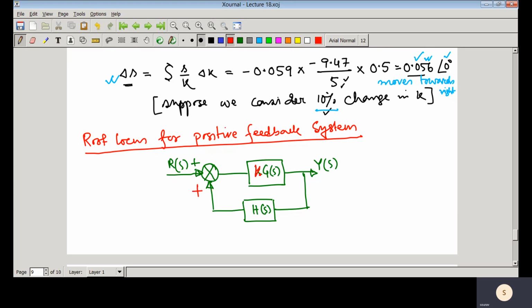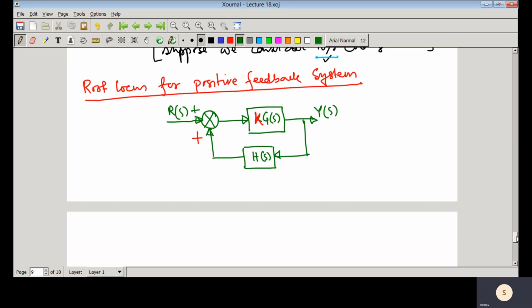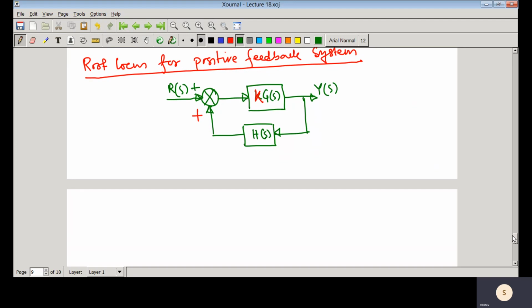And here you have the parameter K. K is varying, with positive feedback. So in this particular case, how will the 7 rules that you have discussed change?